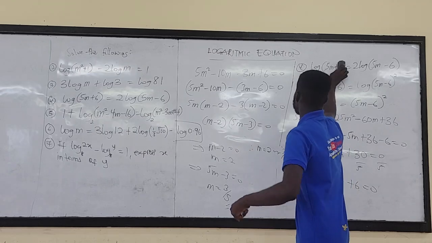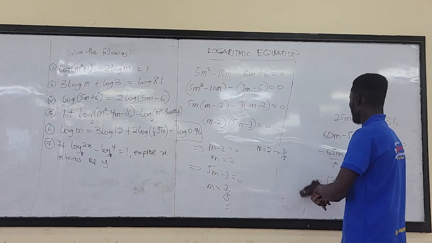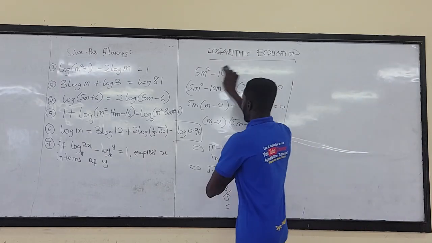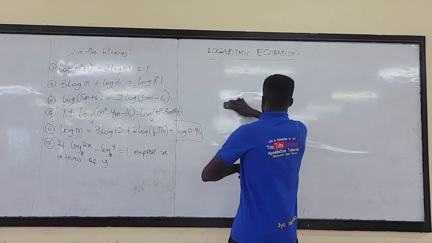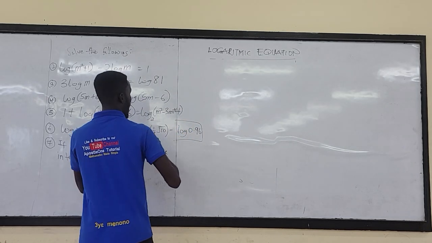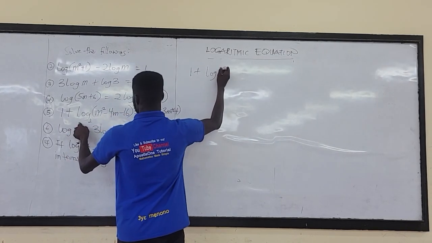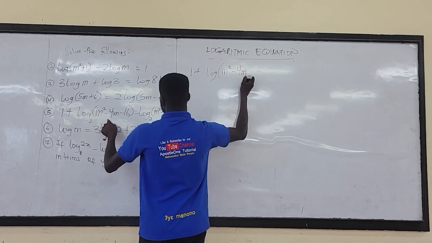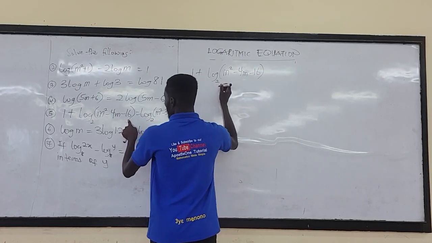Question number 5. Now question number 5, we have 1 plus log of m squared minus 4m minus 60 base 2.